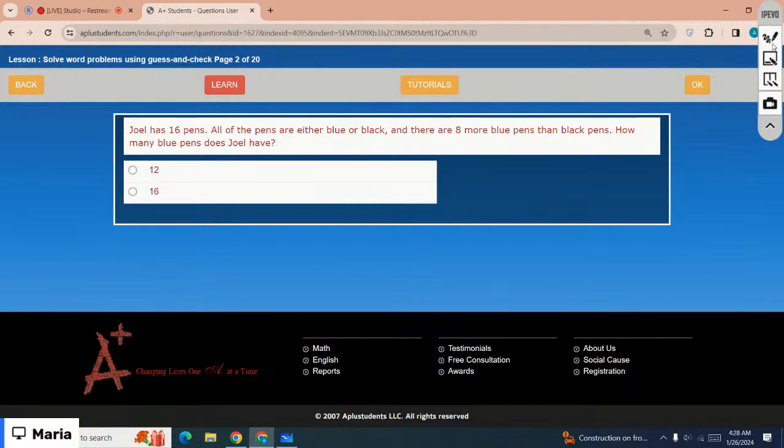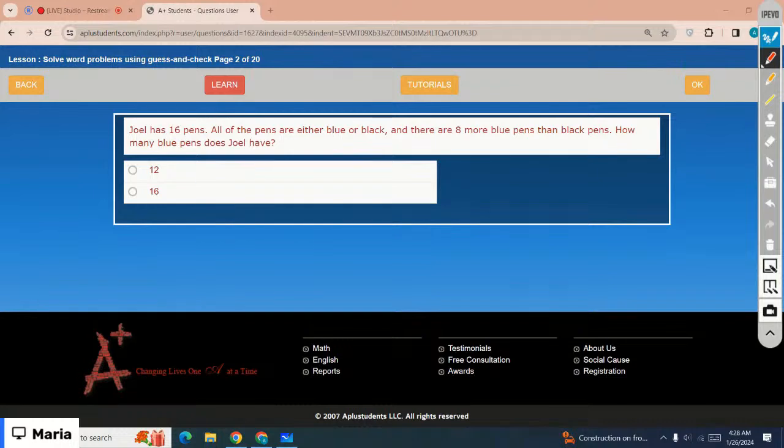The total pens are 16, right? 8 more blue than black. Yes, that is 12. That means the black pens are 4, right? Because 4 plus 8 makes 12, and 12 plus 4 makes 16.